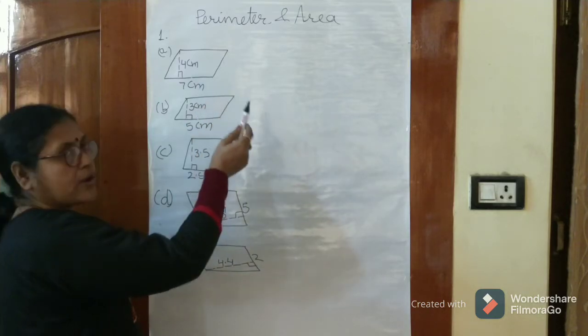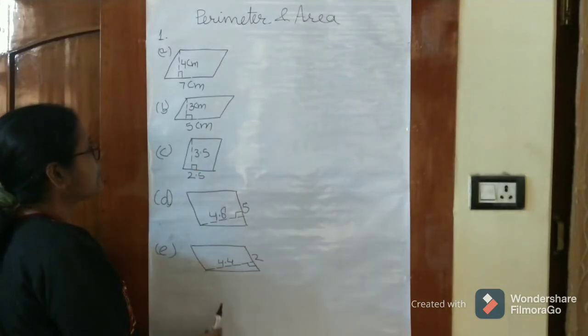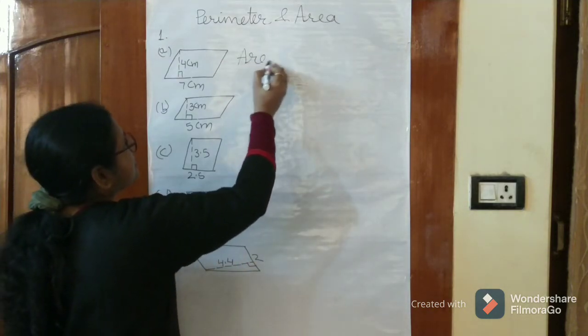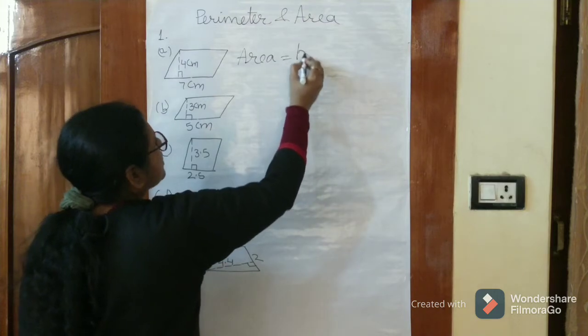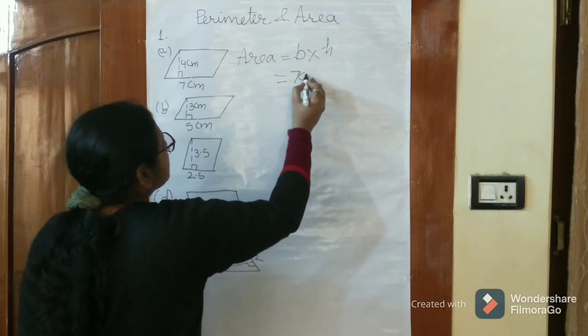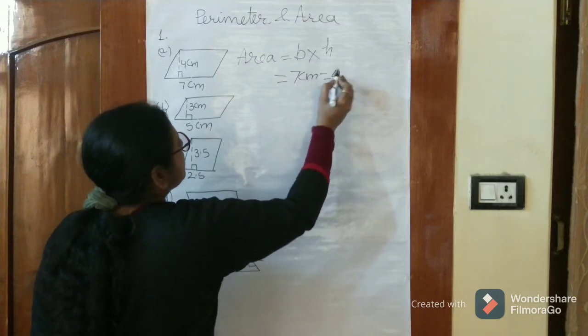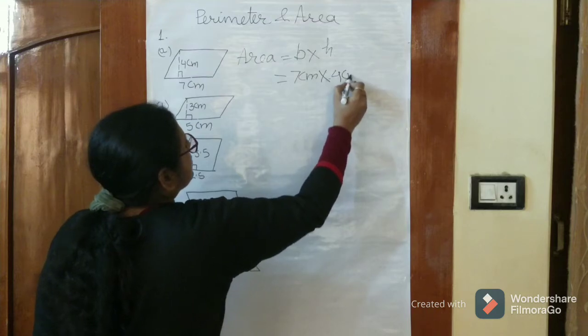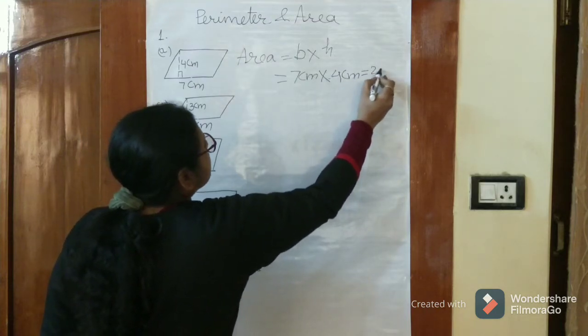In question 1, you have to find the area of the parallelogram. So the area of a parallelogram, the formula is base into height. Here the base is given as 7 cm and the height is 4 cm. So the answer will be 28 cm square.